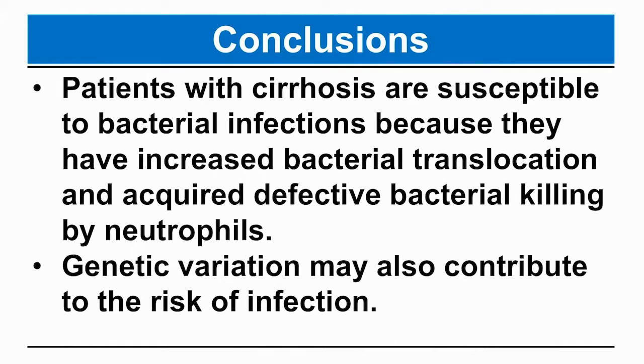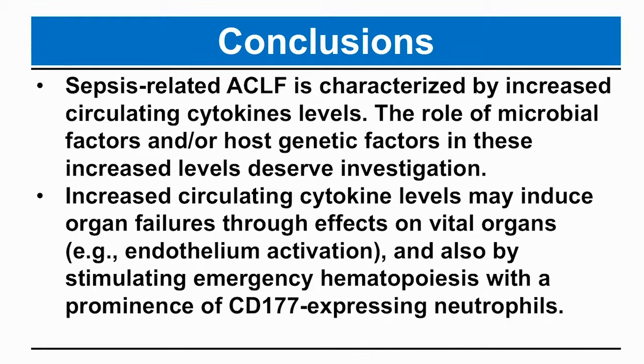So, in conclusion, patients with cirrhosis are susceptible to bacterial infection because they have increased bacterial translocation and acquired defective bacterial killing by neutrophils. Genetic variation may also contribute to the risk of infection. Sepsis-related ACLF is characterized by increased circulating cytokine levels.